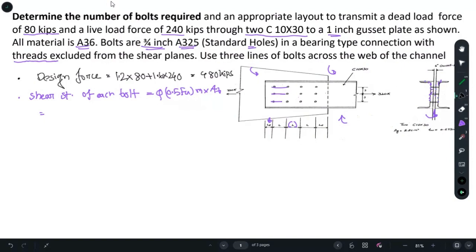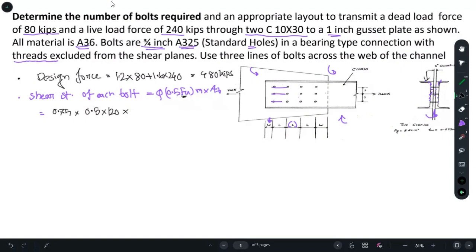So let's find this. Your phi value is 0.75, and yours is 0.5, and for ASTM A325, your Fu would be 120 ksi, and your number of shear planes is 2.